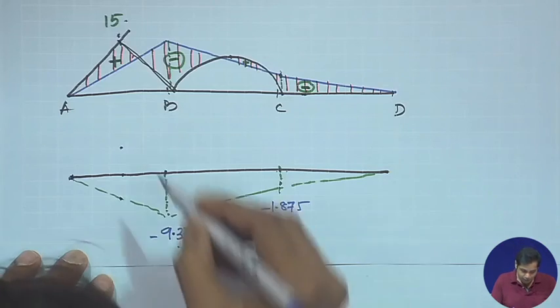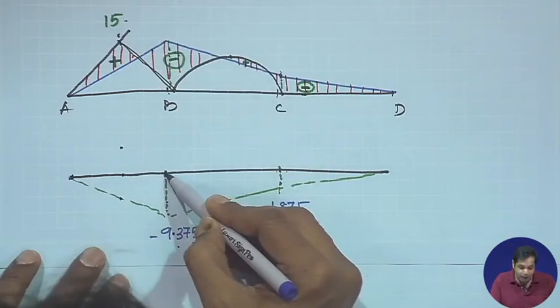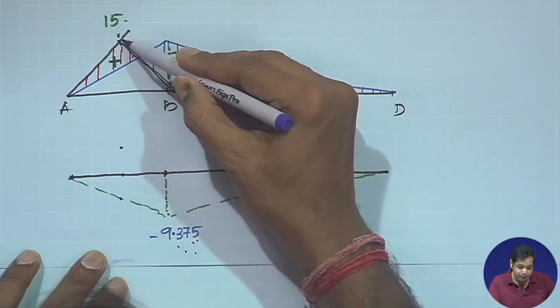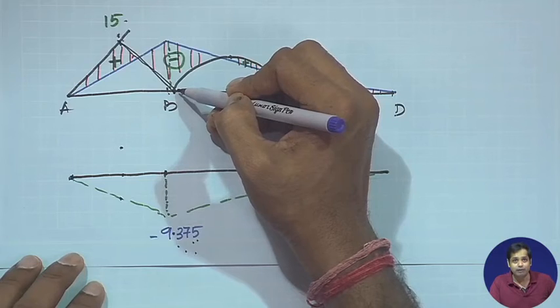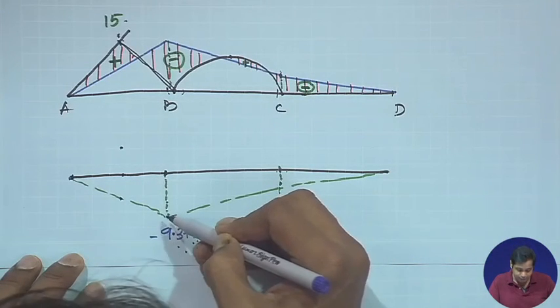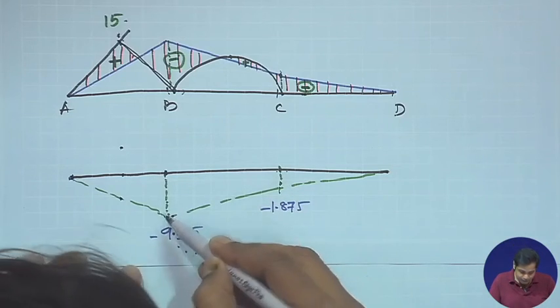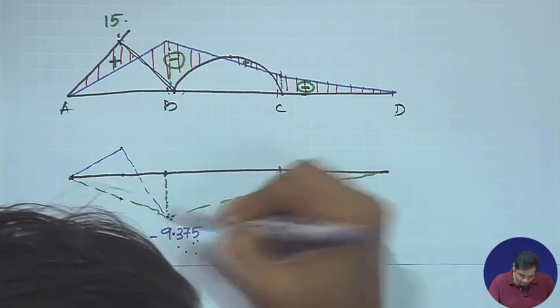Okay. Now, at point B, the bending moment due to external load is 0. So, at point B whatever bending moment we have is due to the redundant forces, which is this value. Okay. So, this value and then this value.